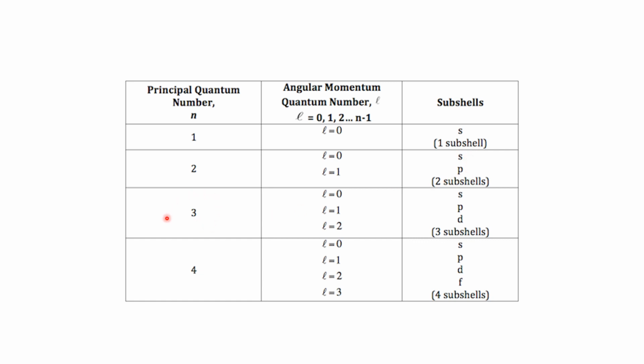If principal quantum number is 3, then there will be 3 subshells: L equals 0 corresponds to s, 1 corresponds to p, and 2 corresponds to d. And if the value is 4, then there will be 4 subshells: 0 corresponds to s, 1 to p, 2 to d, and 3 to f.